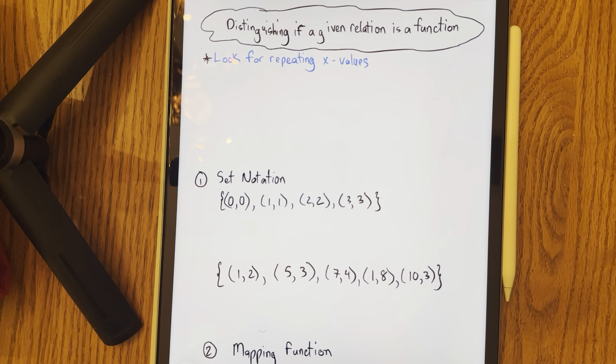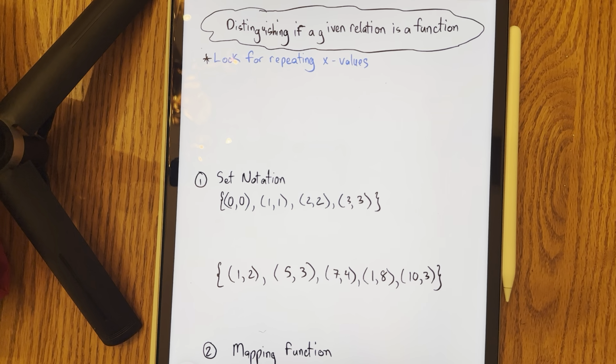On today's video, we're going to be talking about distinguishing if a given relation is a function and addressing different ways that questions like this may pop up. We're going to touch on set notation, some function mapping, and then graphing.